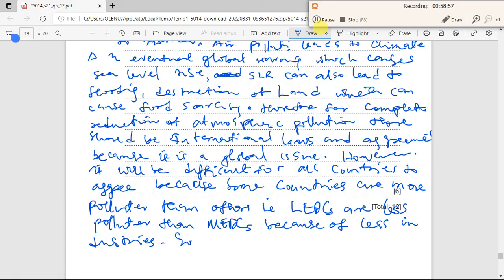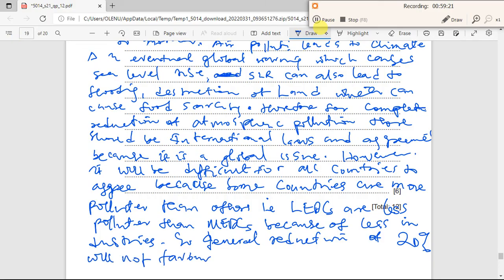So, general agreement of 20% reduction will not favor all the countries equally.